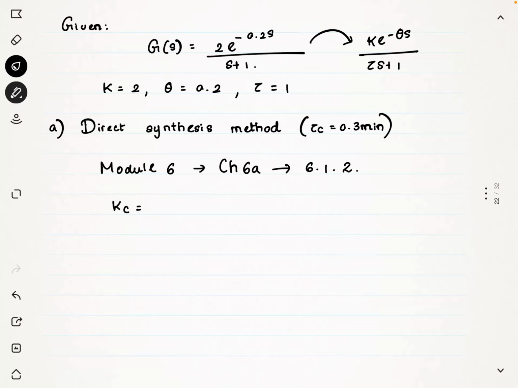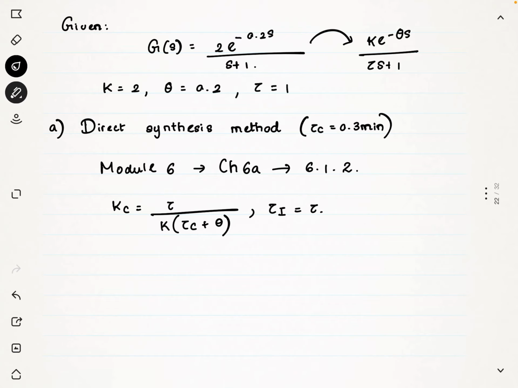So Kc is equal to tau by k into tau c plus theta, and tau I is equal to tau. So this is the formula given, formula derived, so you can refer to your class notes for the derivations.